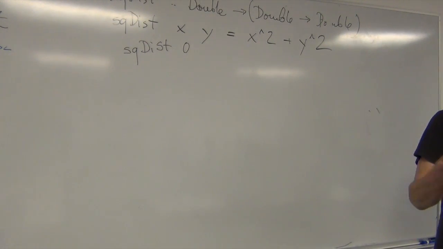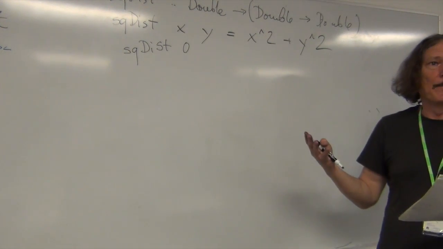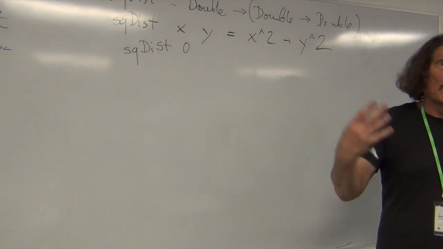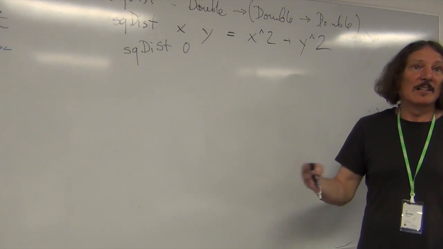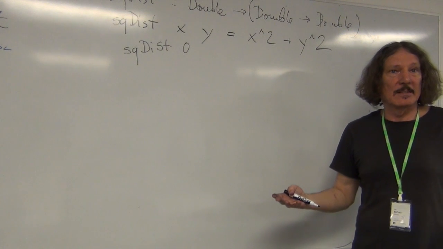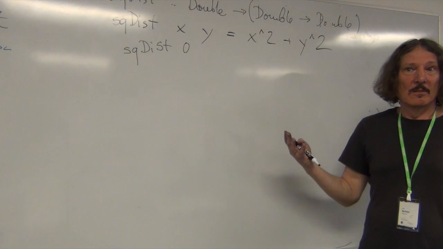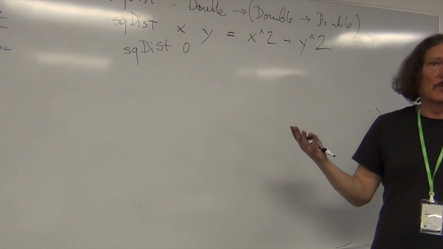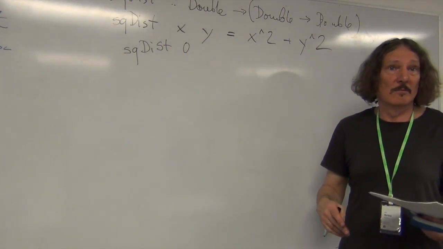And in notation, whether it's definition or function application, there's no difference in notation unless you insist on putting some parentheses that are redundant. There's no difference. So when you are defining a function of two arguments, it's the same as defining a function of one argument that returns a function.